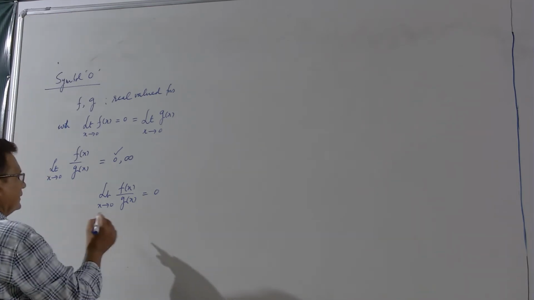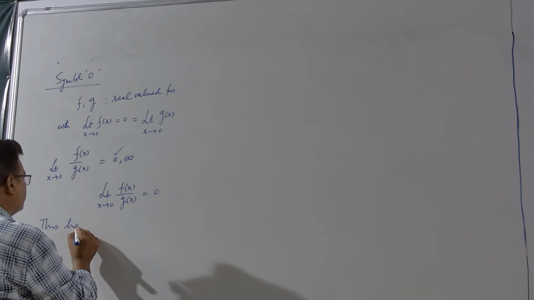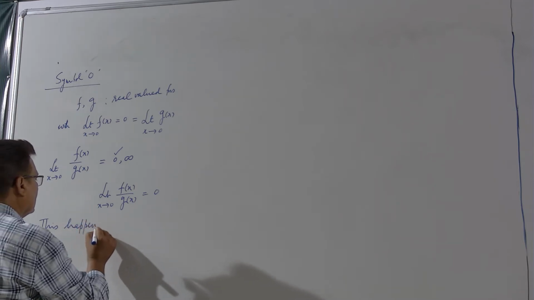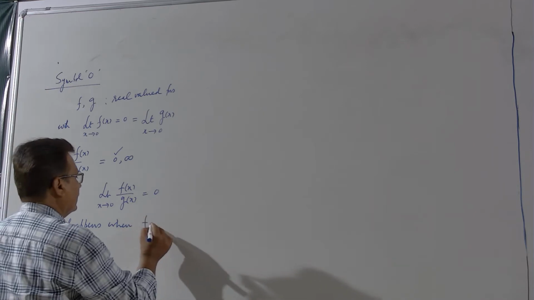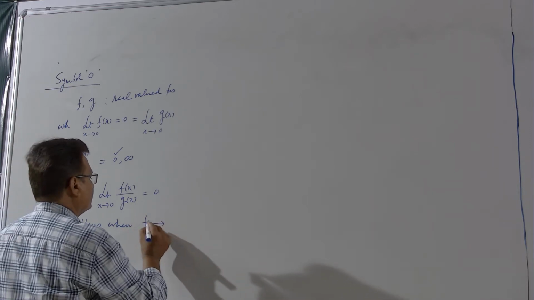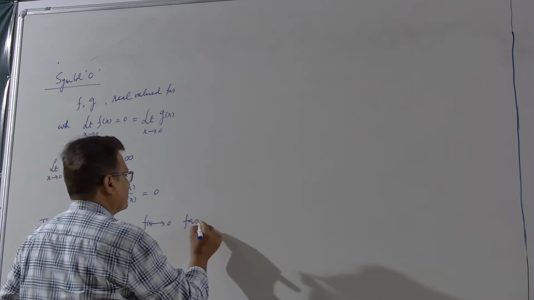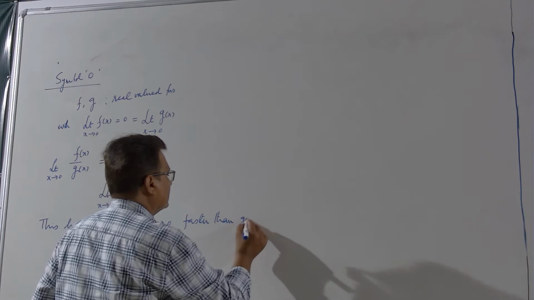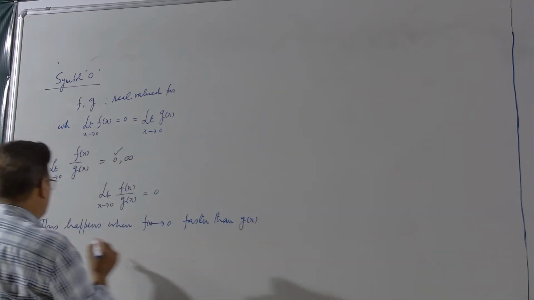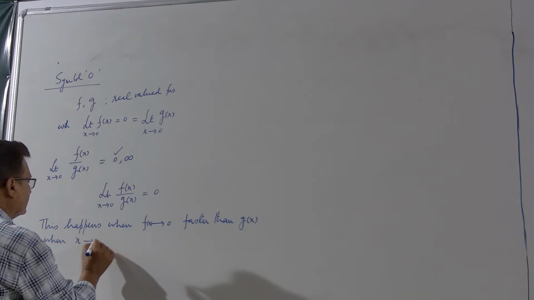So, this happens when f approaches to 0 faster than g x when x goes to 0.